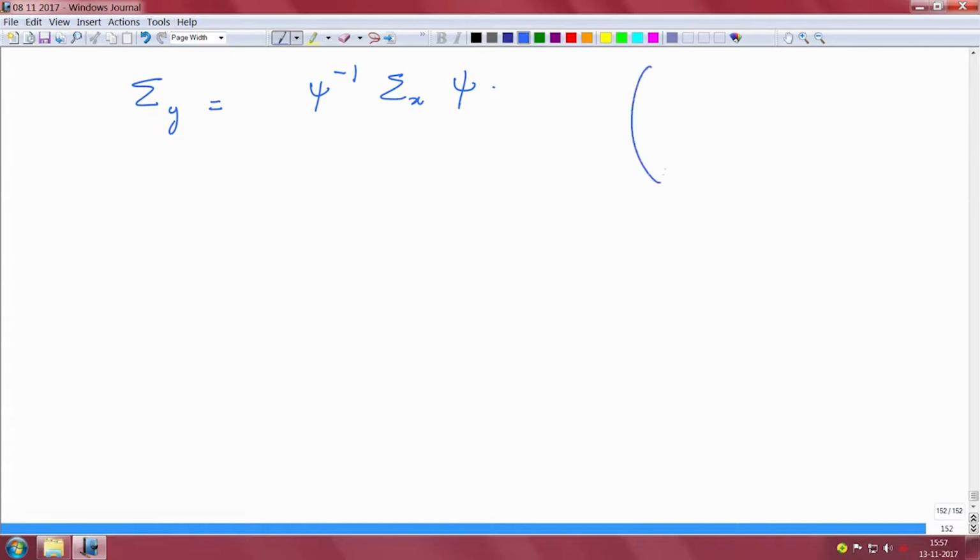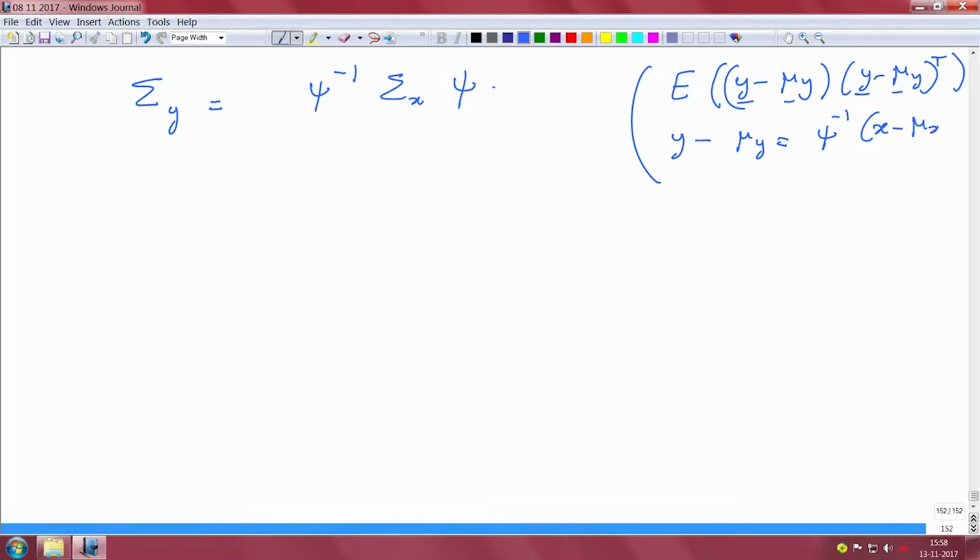All you have to do is write it in terms of expectation of y minus mu y times y minus mu y transposed, these are vectors, right. And you use this solution that y minus mu y is psi inverse of x minus mu x, right.